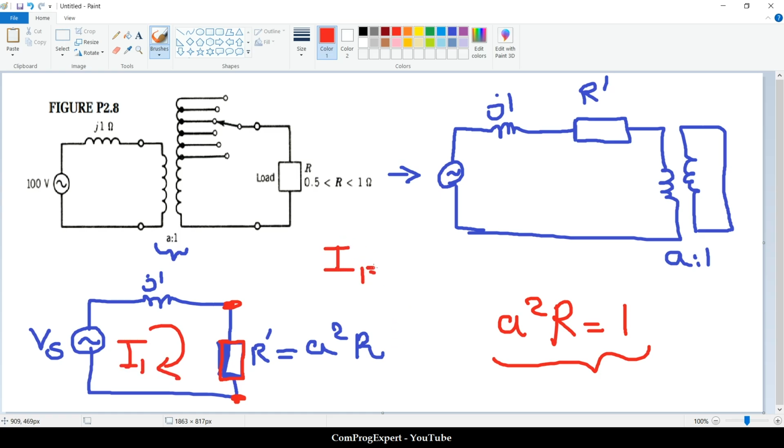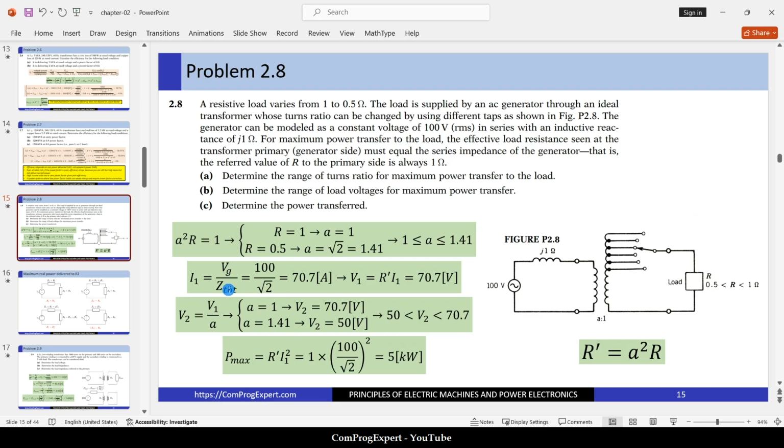It is equal to Vs divided by the amplitude of this impedance, A squared times R plus j1, the total impedance Z total. This is equal to square root of 2, right? Because we know that these two are equal.